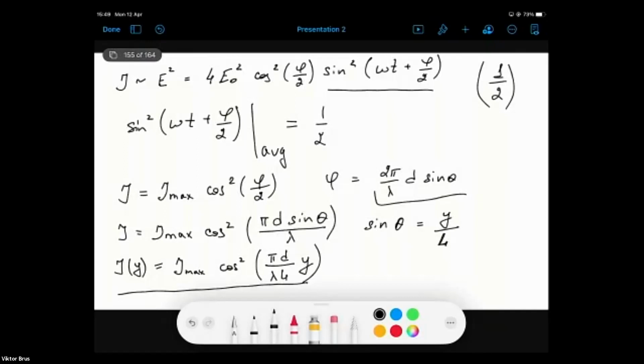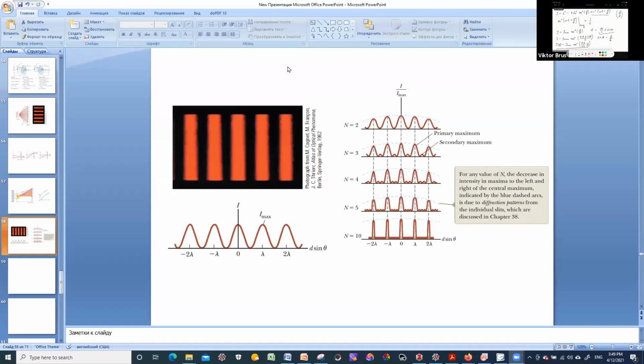So let me share the screen in order to show graphically how it looks. Here it is. If we have two slits, we have this distribution of light intensity. As you see, we don't have just some square profile, bright, then dark, and then again bright.